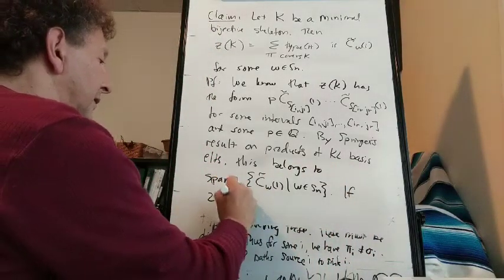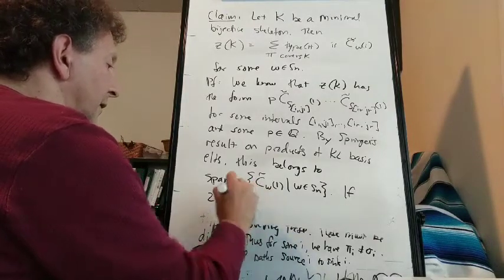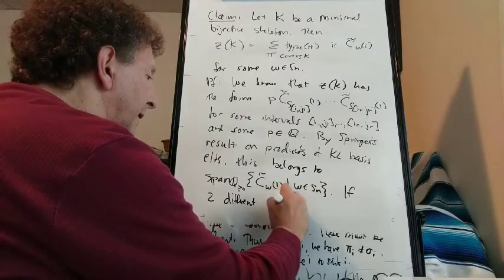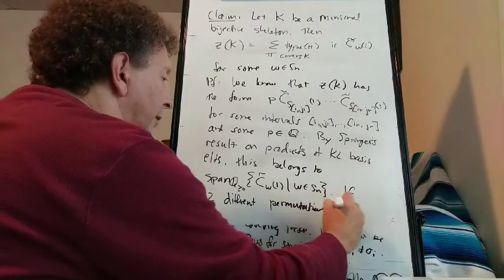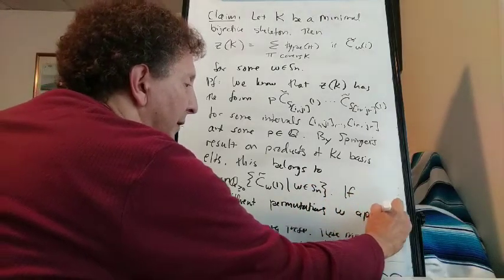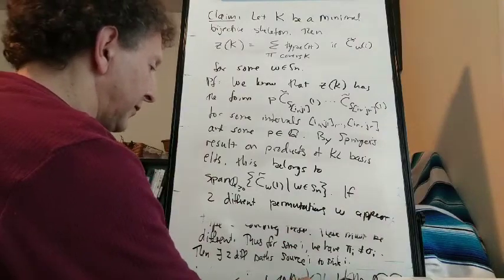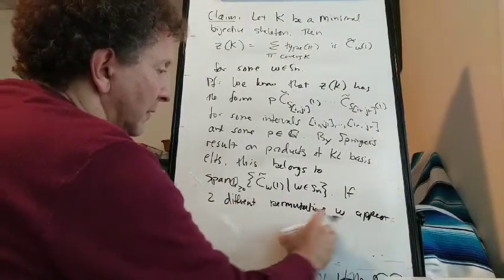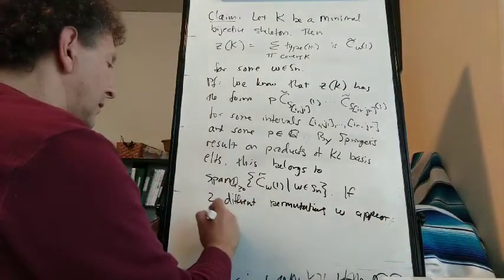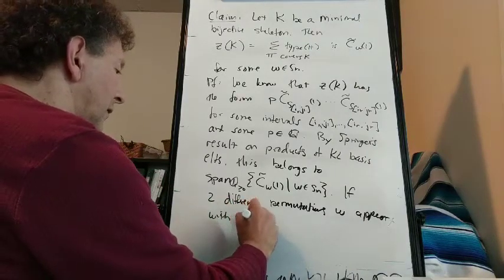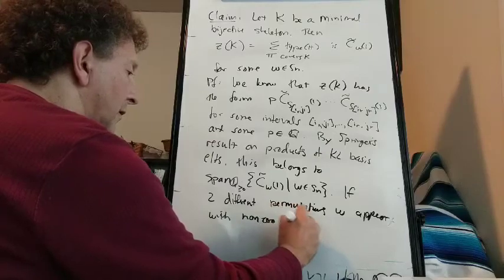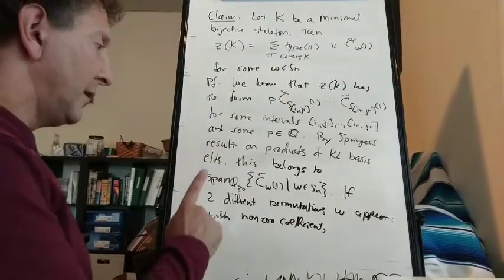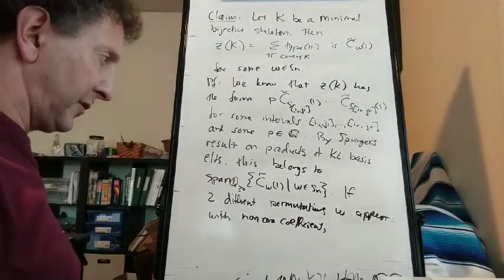Now if two different permutations W appear in this expansion with non-zero coefficient, then they both appear with integer coefficients.